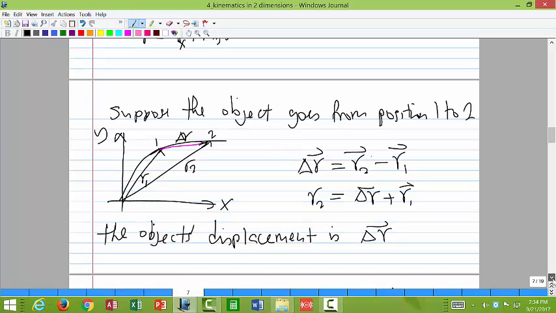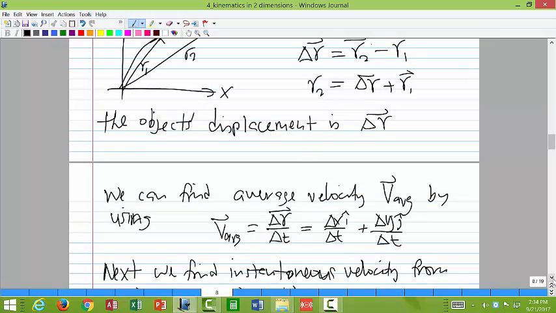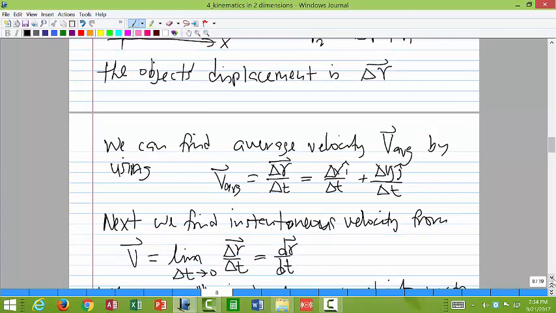So this implies again that the displacement of the object is delta r. Using our definition for average velocity as displacement over time, in unit vector notation, delta x i hat over delta t plus delta y j hat over delta t will be the average velocity vector.